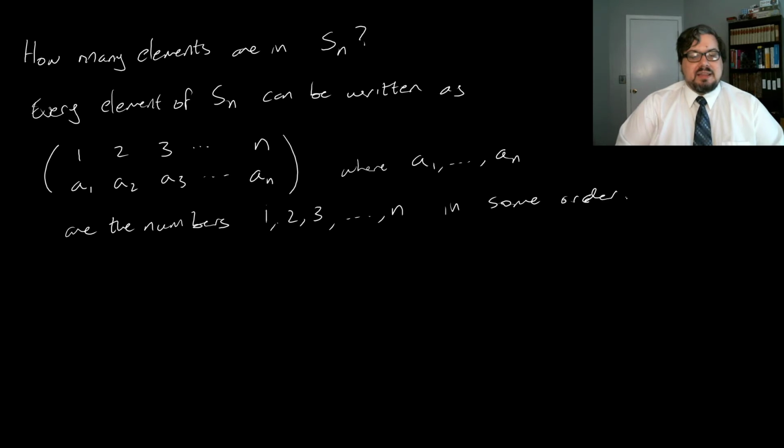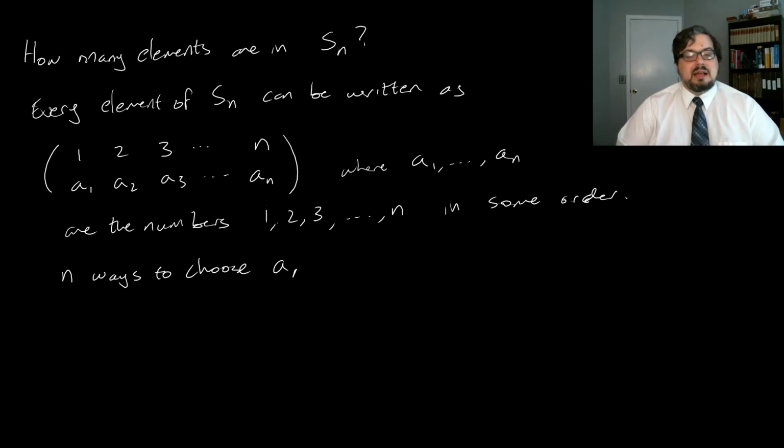Well, we can think about how many ways there are of choosing a1 if we were to actually build ourselves a permutation this way. And we can see that there are n ways to choose a1. We could choose any of the numbers from 1 to n. So there are n ways to choose a1.